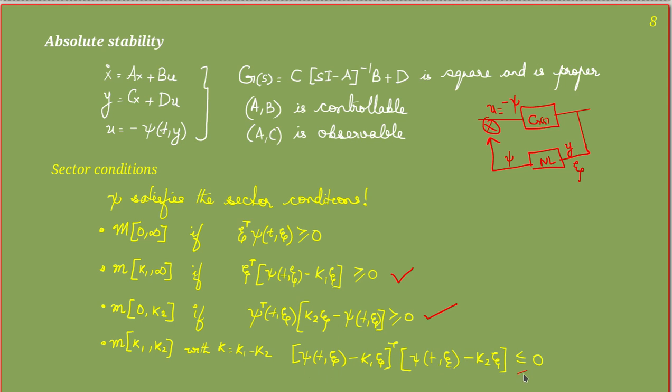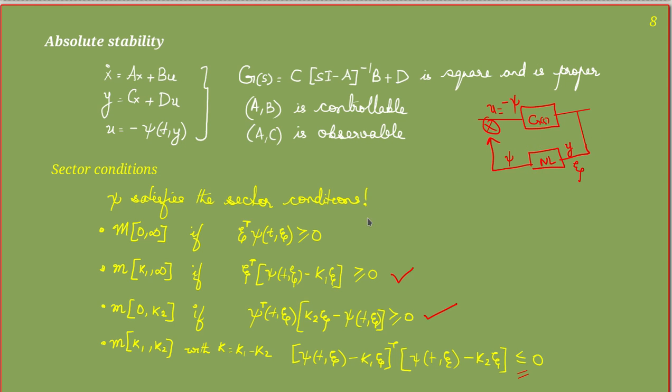Here I have given less than or equal to 0 because I have taken the reverse of that, xi of t comma xi minus K2 xi, which would be negative. So that is why I have given a negative, less than 0, because I wanted to make this look alike. So this is less than or equal to 0. These are the different types of sector nonlinearities that can be connected to this G of S.